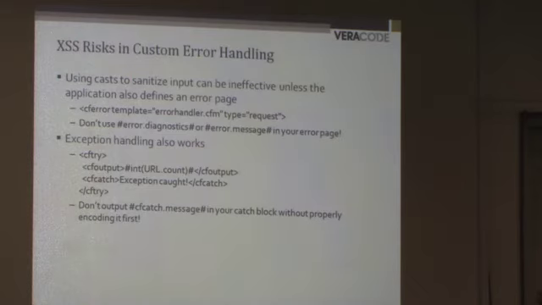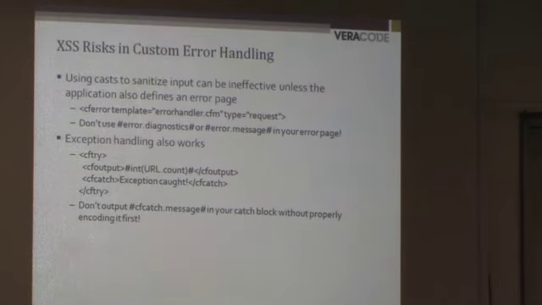And when that happens, when the errorhandler.cfm is loaded, you have access to this error object that's generated by ColdFusion. It provides diagnostic information and other information that you can print on the screen that says why the error happened. Well, if you happen to output two of those member fields, diagnostics or message, you will create cross-site scripting.